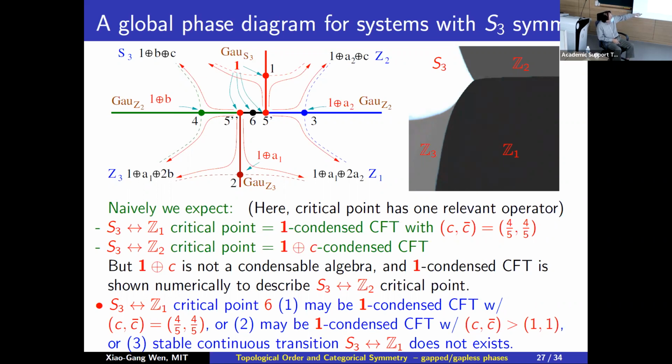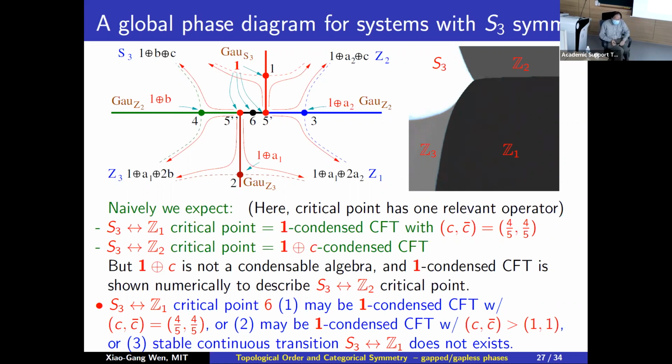And actually there is another CFT, with central charge 5/6, and that one also describes this condensed boundary. It's another solution of the same equation. But that one has two relevant operators. So although it exists, it cannot describe this transition, because this transition has only one relevant operator.